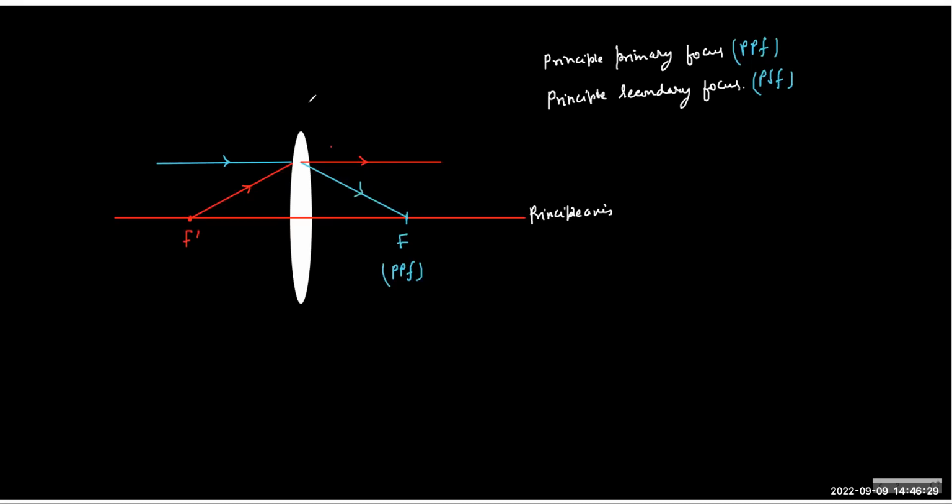And when I say F, the sign of F is decided by which focus? So priority wise, we always take the principal primary focus, and that will decide what? Sign. The sign of the lens. Because the principal primary is in the direction of light, we say F is positive.